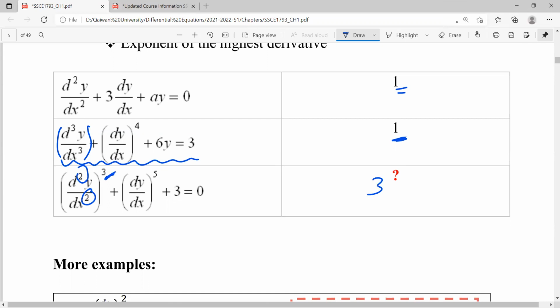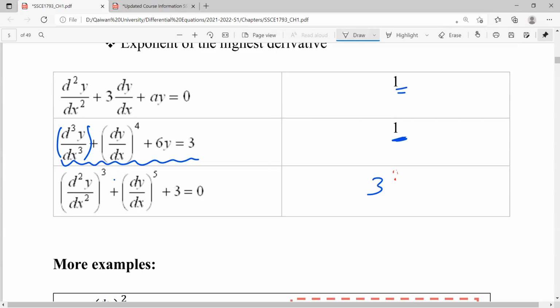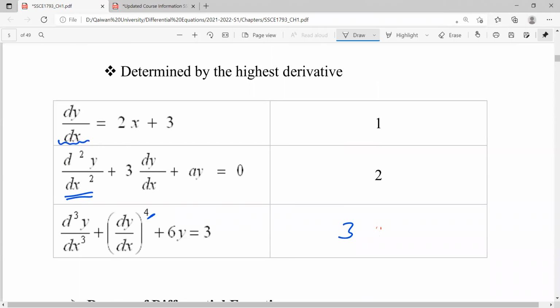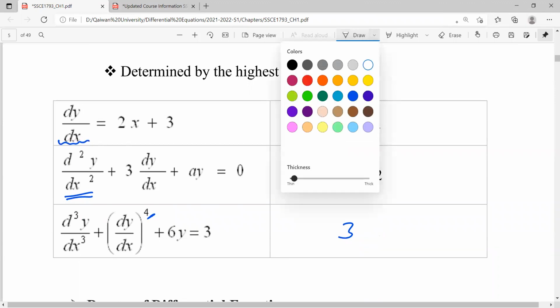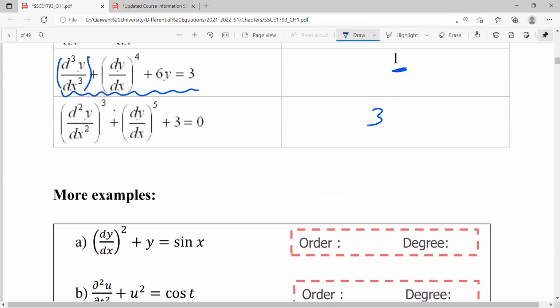So the degree of this differential equation is 3. That's how to find the order and degree of differential equations.